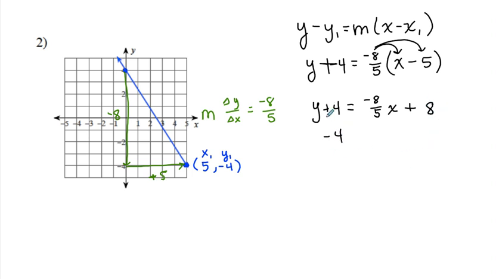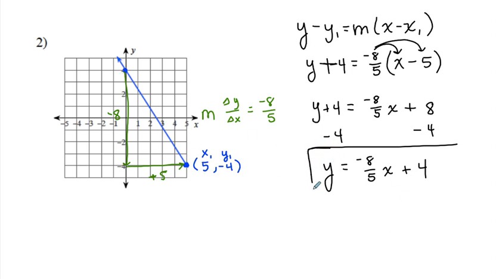Last step, I'm going to move this positive 4 from the side with the y, and it will give me y is equal to negative 8/5 x plus 4. So the equation of this line is y equals negative 8/5 x plus 4.